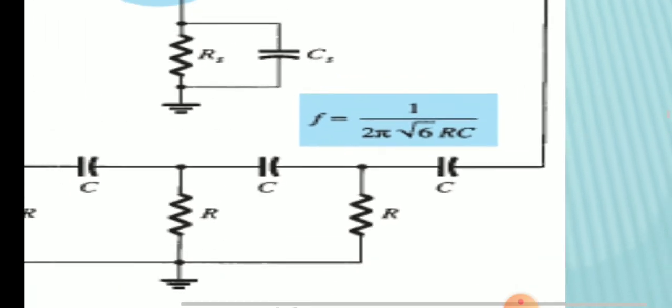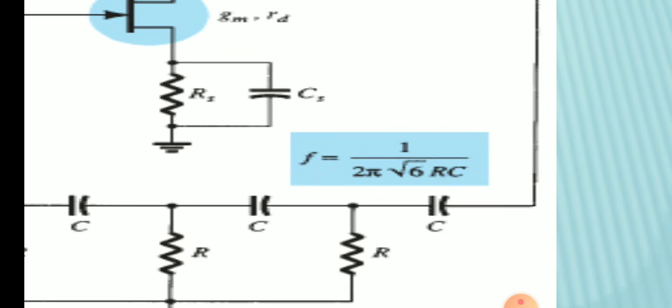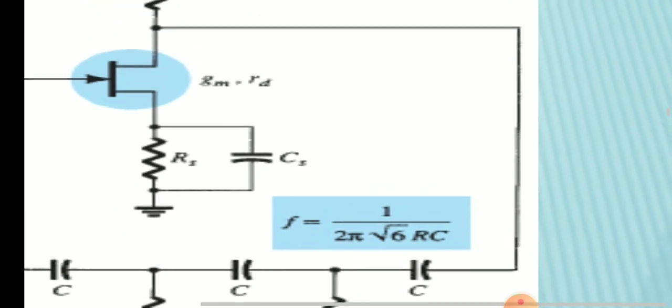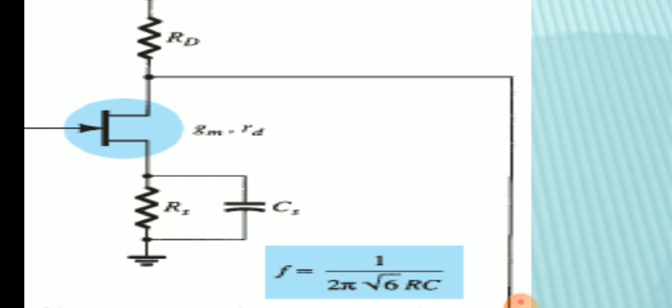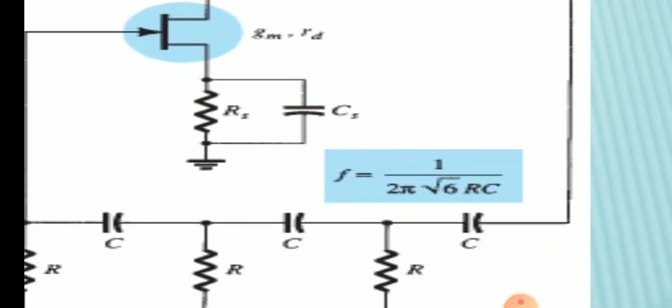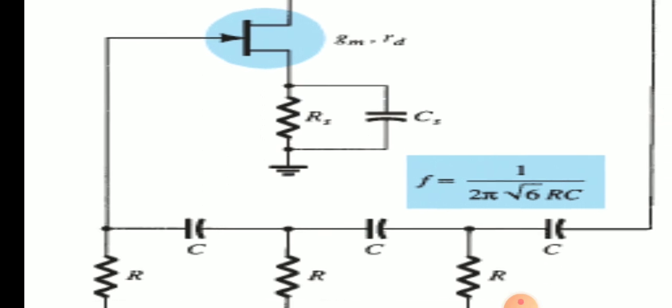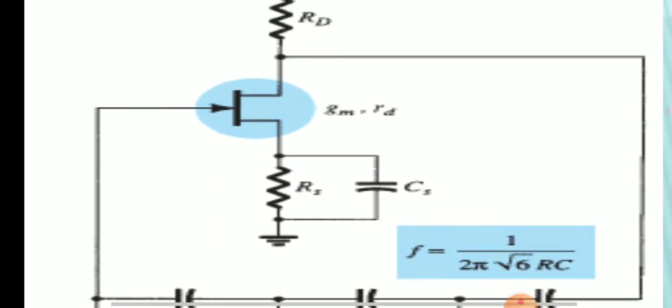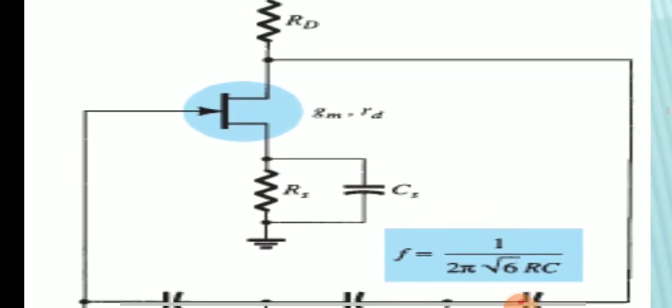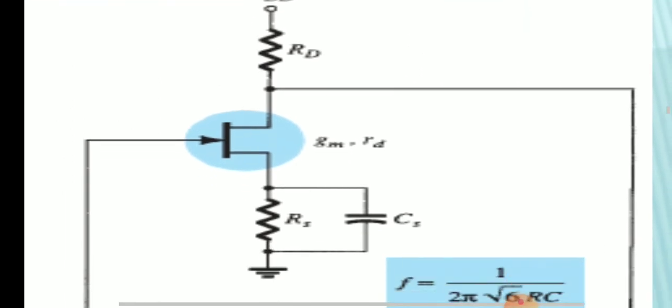Overall the frequency is 1 by 2 pi root of RC. The output of the amplifier is fed to the feedback circuit, and the output of that feedback circuit is again given to the input of the FET via the gate.